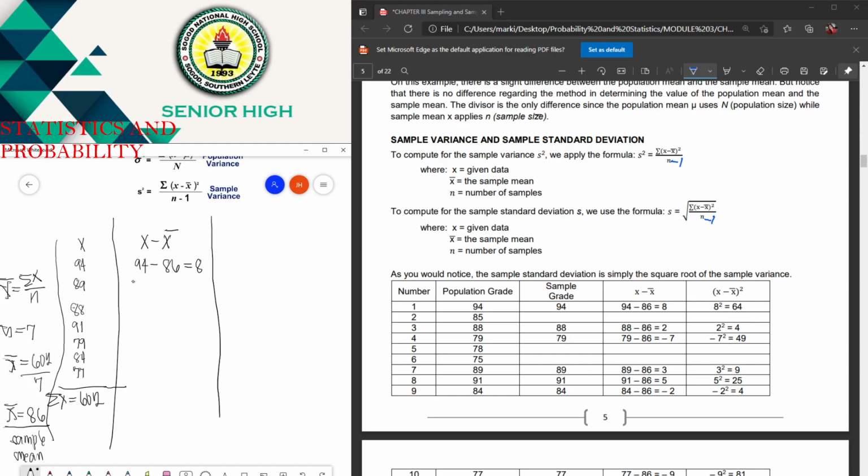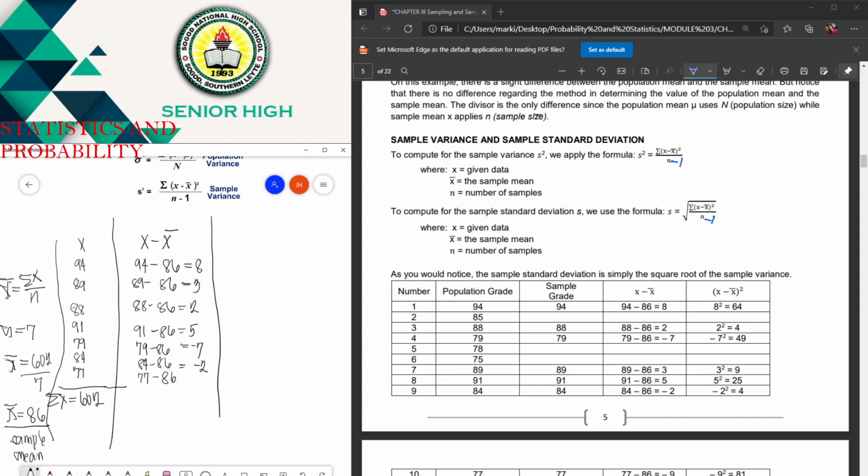Straight. 89 minus 86, that is 3. 88 minus 86, that is 2. 91 minus 86, that is 5. 79 minus 86 equals negative 7. 84 minus 86 is negative 2, and then 77 minus 86.